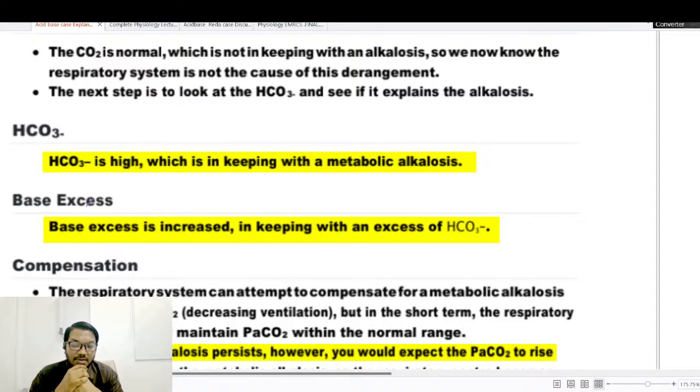Carbon dioxide, oxygen level, the maximum level is 100%, so it will not go more. It can come down only.